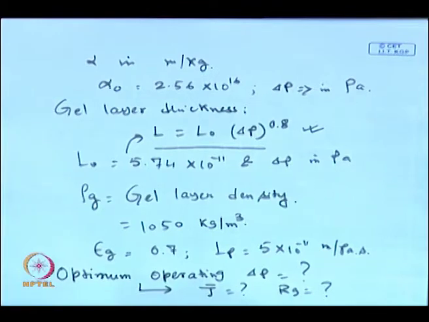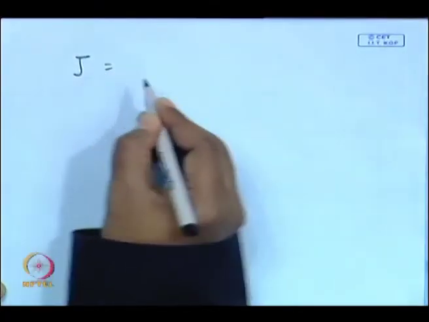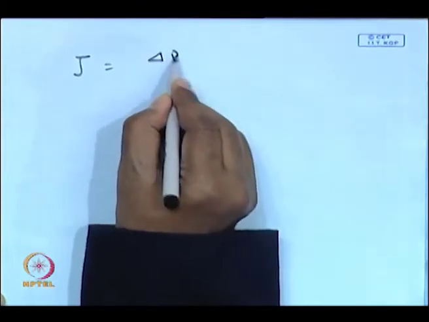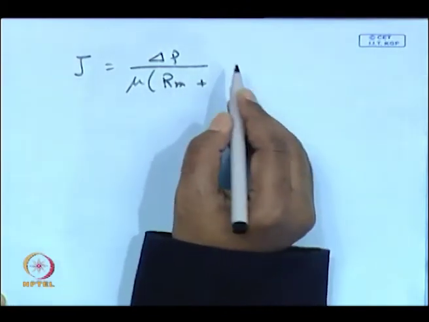So, basically now we have to write down the phenomenological equation. What is the phenomenological equation? That J is the driving force divided by the resistances. So, J equals delta P divided by mu times (R m plus R g).